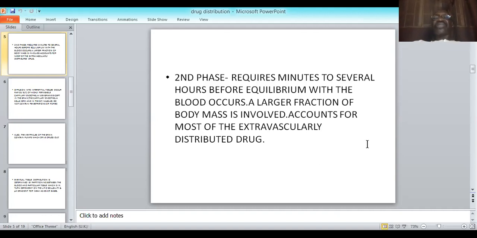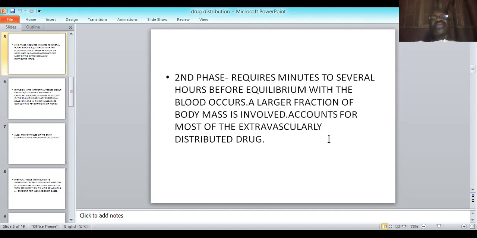Which are these organs that receive drugs during the second phase, in addition to the ones that are more favored during the first phase? Remember, I said the liver, the heart, the kidneys, the brain are more favored during the first phase.